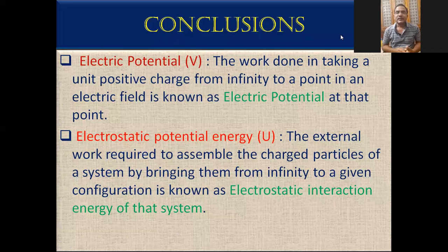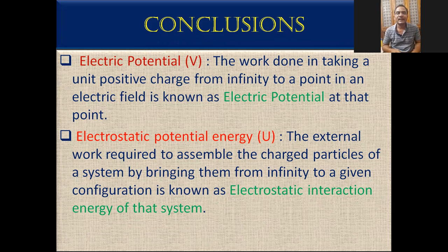The points we discussed in the present lecture are, first, we started our discussion with the electric potential concept. The work done in bringing the unit positive charge from infinity to a point in the electric field is called electric potential at that point. It can also be defined as the change in potential energy per unit charge.